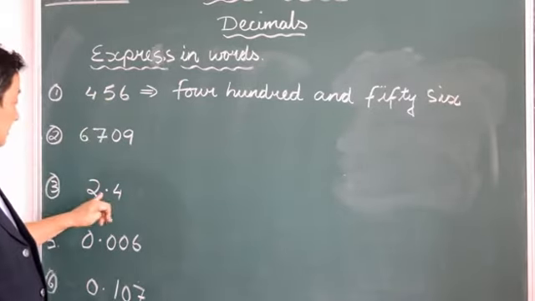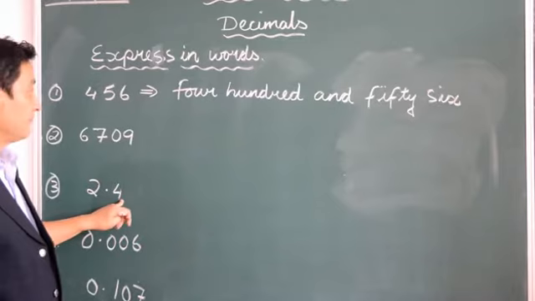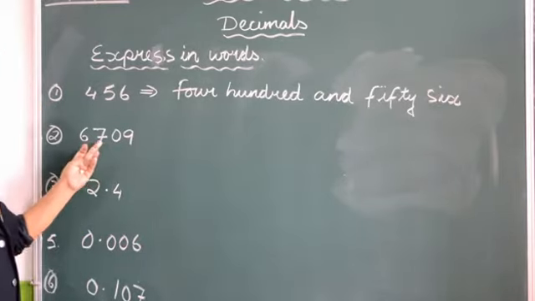If there is a decimal point that separates, the part before the decimal point is a whole number and after the decimal point it's a fraction. Now ones, tens, hundreds, thousands.